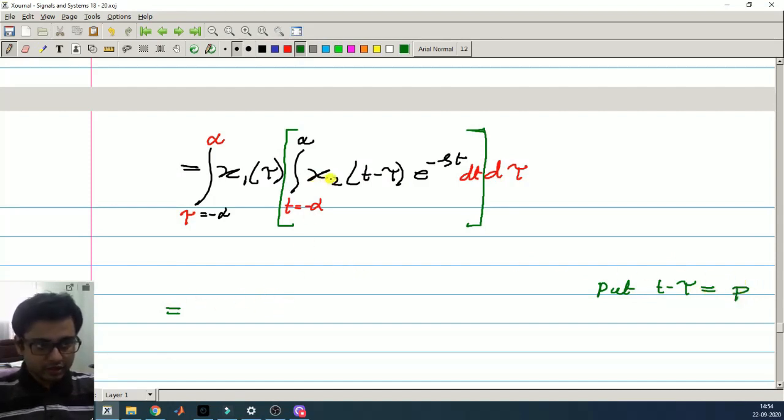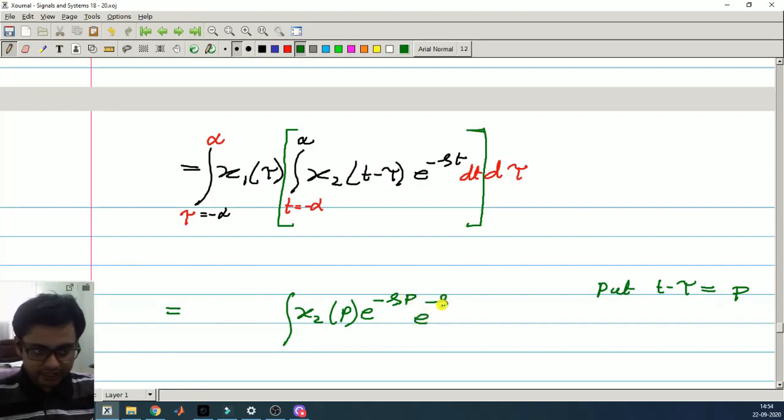So here we will have x2 of p, then e to the power minus s, t will be tau plus p, so here p and e to the power minus s tau.